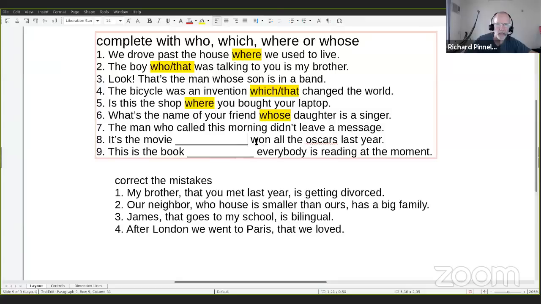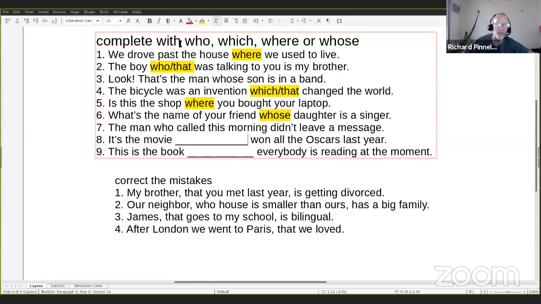It's the movie won all the Oscars last year. Number 8. Number 8, with. No, with.